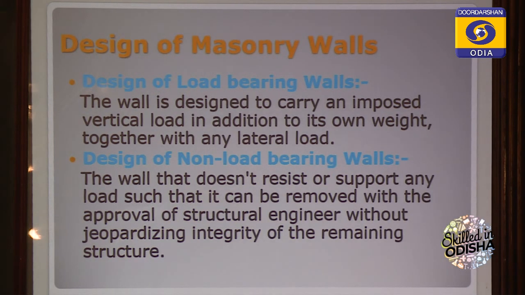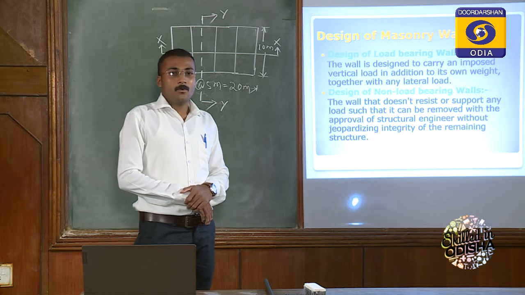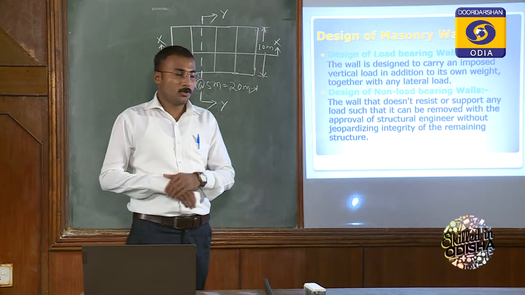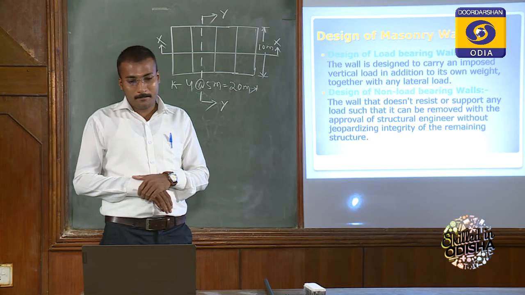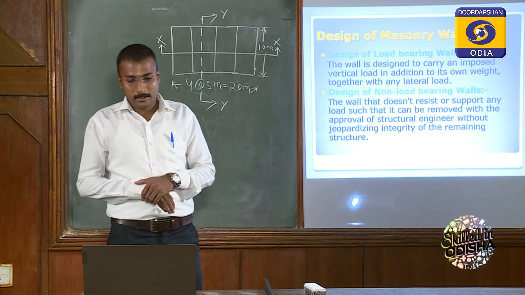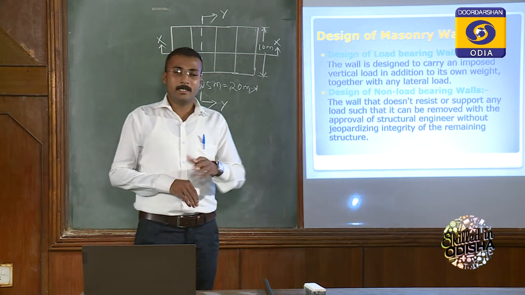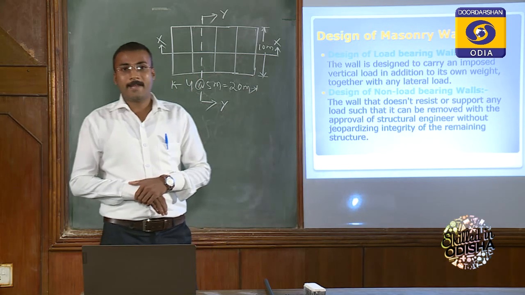So first of all, the design of masonry wall. In this design of masonry wall, two kinds of walls are there. One is load bearing, another is non-load bearing. In the load bearing wall, the wall is designed to carry an imposed vertical load in addition to its own weight. That means in addition to its dead load, it has to carry the live load.